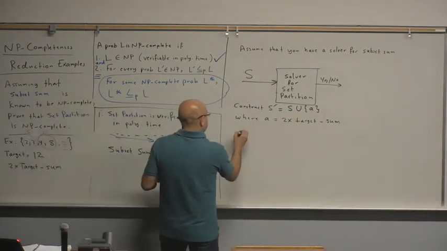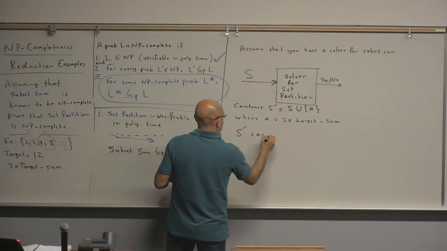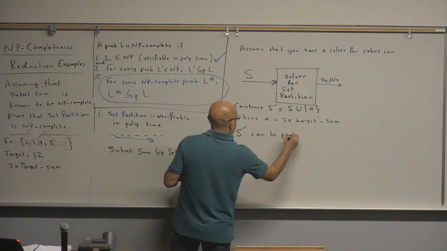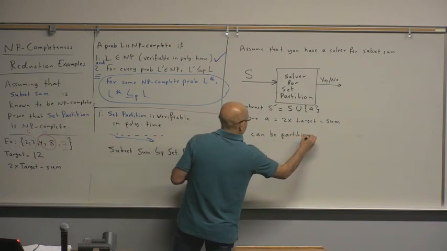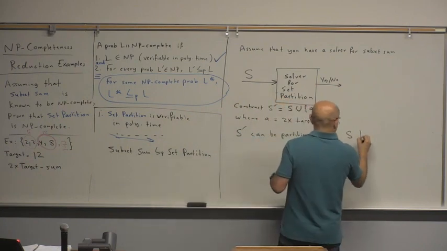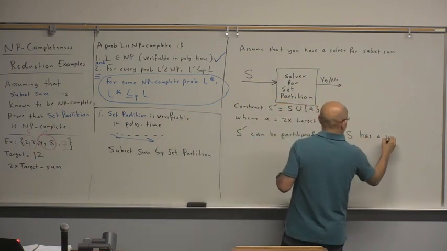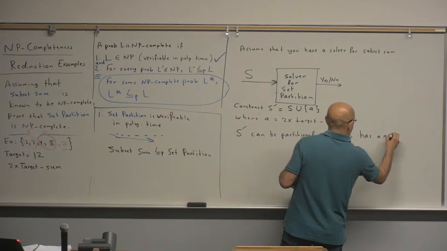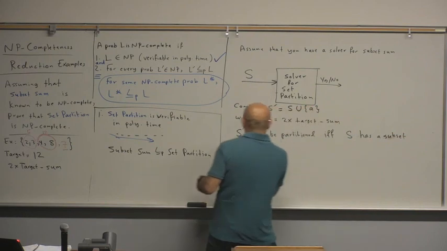Then S prime can be partitioned if and only if S has a subset that sums to T.